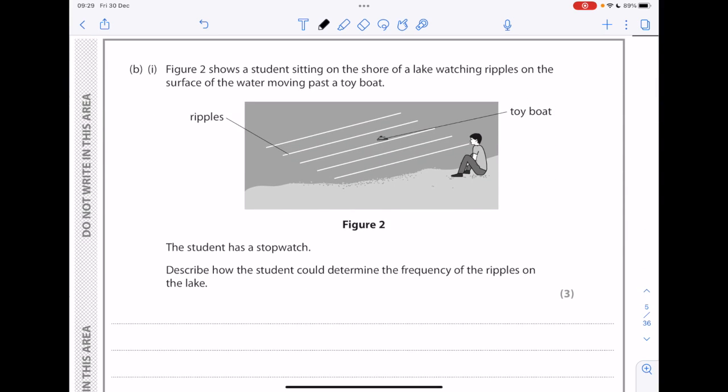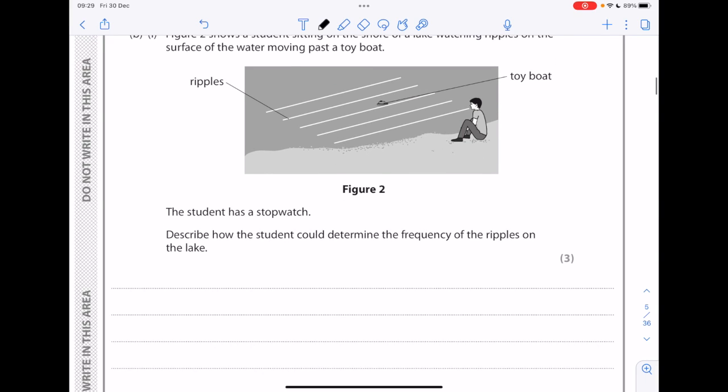B, part 1. Figure 2 shows a student sitting on the shore of a lake watching ripples on the surface of the water moving past a toy boat. The student has a stopwatch. Describe how the student could determine the frequency of the ripples on the lake. So remember, frequency is the number of waves per second.